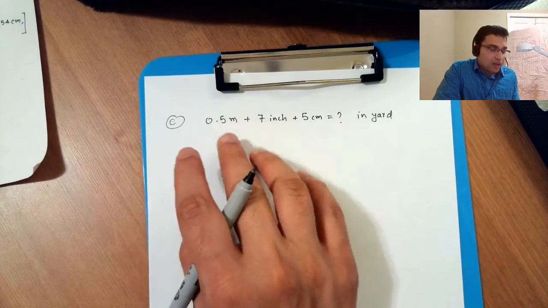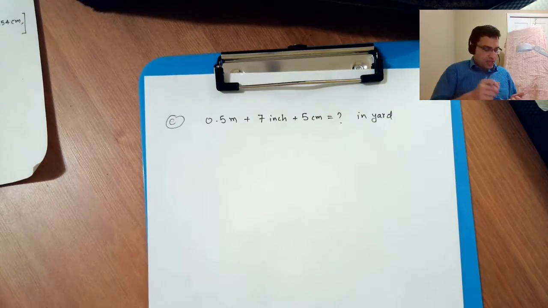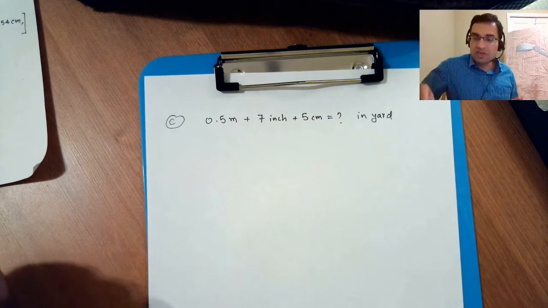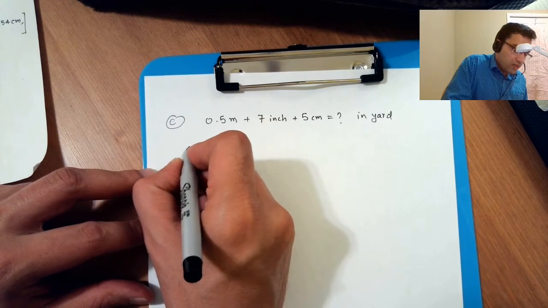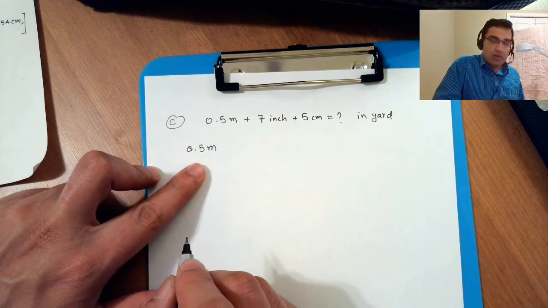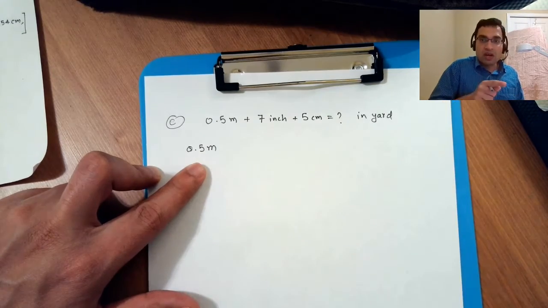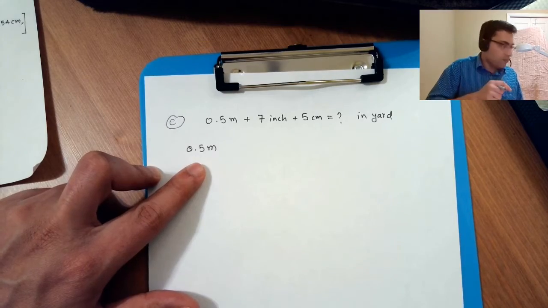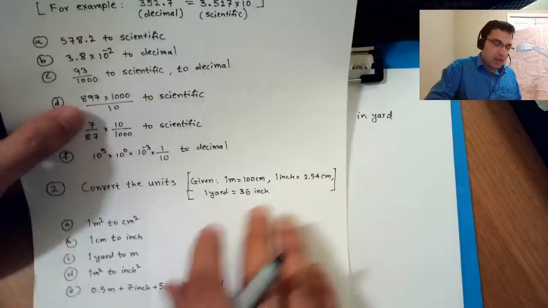So let's convert each of them to yard first and then add them. I feel like it'll be a little bit easier to understand. So let's convert 0.5 meter to yard. How will you convert this? You need a factor that changes meter to yard, gets rid of meter and inserts yard. In our previous problem, we have a bunch of conversion factors given.